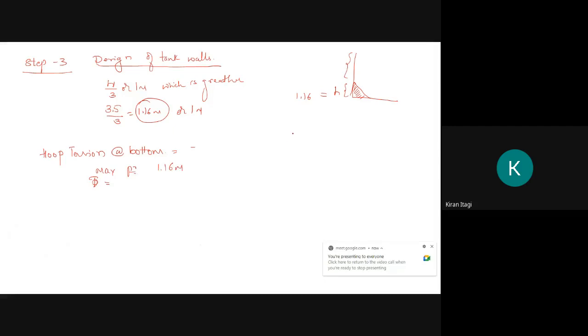Okay, don't take it for 1 meter, take it for 1.16 meter.